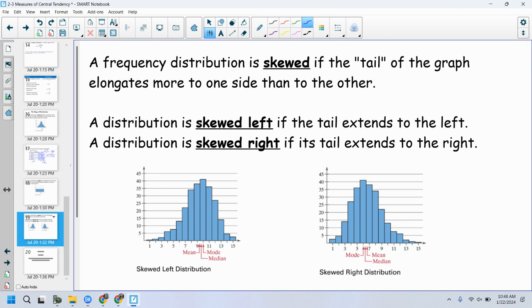People tend to say, well, if the big bump of the data is on the right side, that must be skew right. It's actually the opposite. I'm asking, where is the longer tail? The longer tail is on the left side, so that's a skew left distribution.